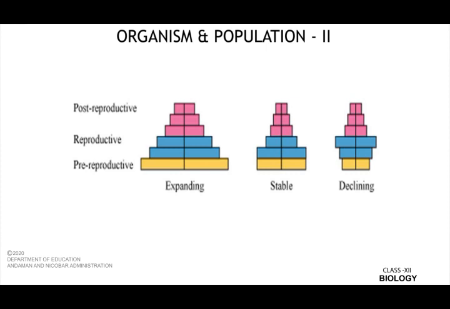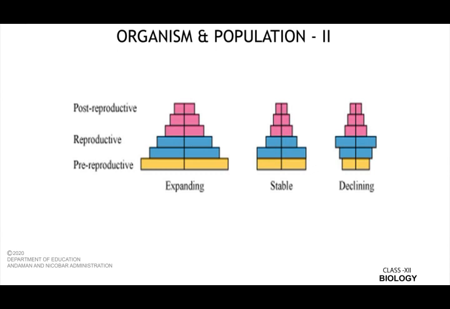When this pre-reproductive population enters into the reproductive phase, they produce more and more population, and that will cause population growth. This is known as expanding age pyramid. This type of age pyramid can be seen in India as well as China.